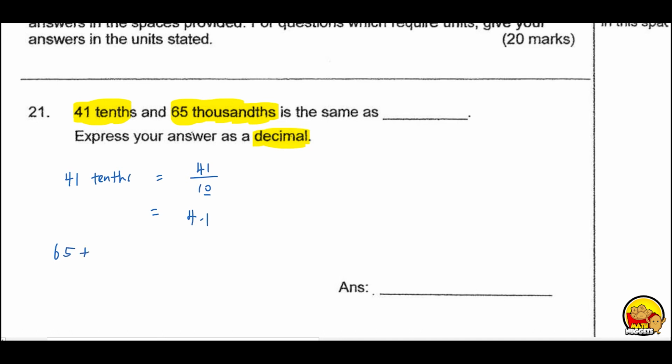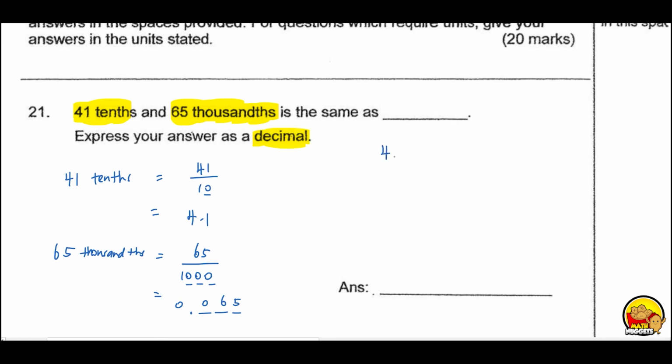How about 65 thousandths? That's 65 out of 1,000. And out of 1,000 means 3 decimal places. So it's a point blank, blank, blank. We're going to fill in 65 here. So that's 0.065.